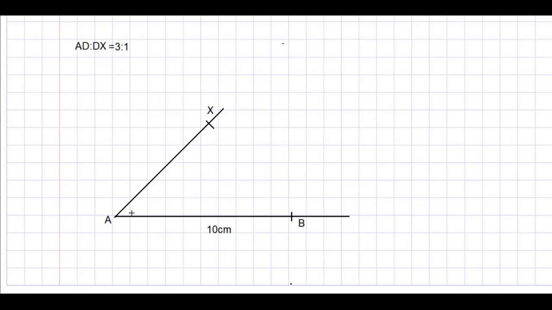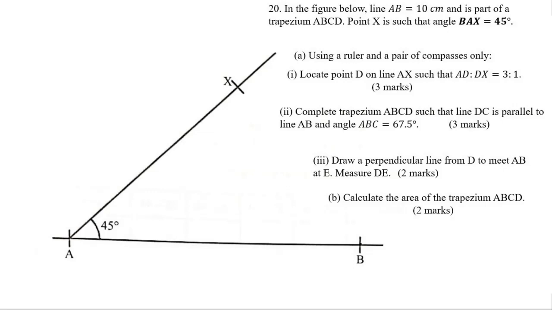In the figure below, line AB is equal to 10 centimeters and is part of trapezium ABCD. Point X is such that angle BAX is 45 degrees. Using a ruler and a pair of compasses only, we need to locate a point D on line AX such that AD to DX is 3:1, and also complete the trapezium ABCD such that DC is parallel to AB and angle ABC is 67.5 degrees.